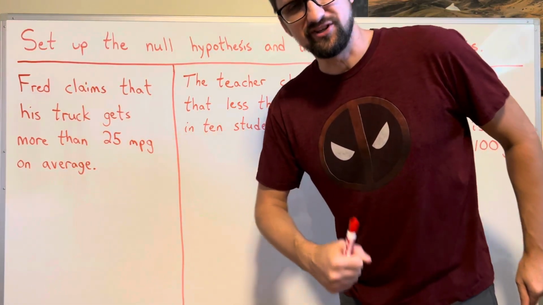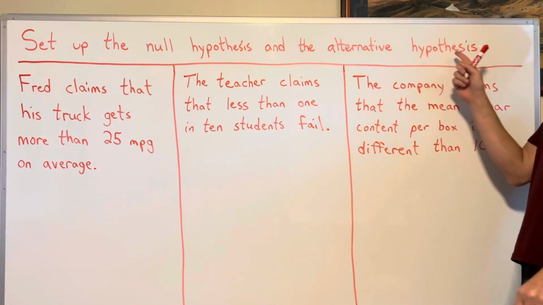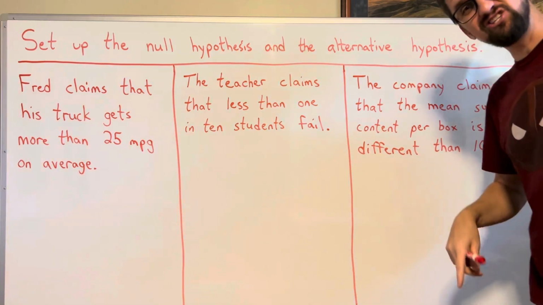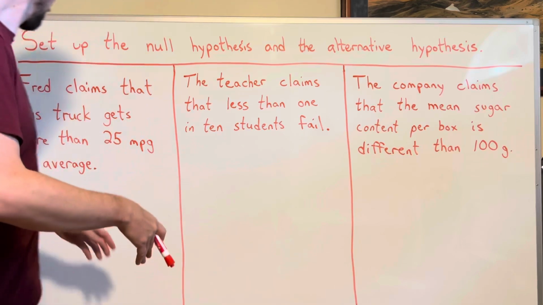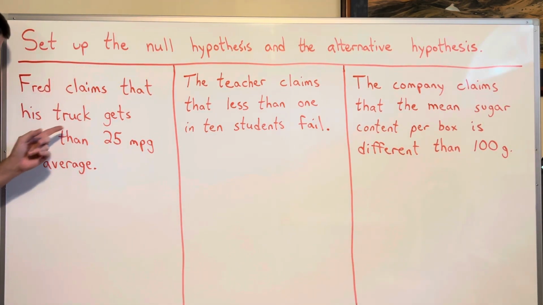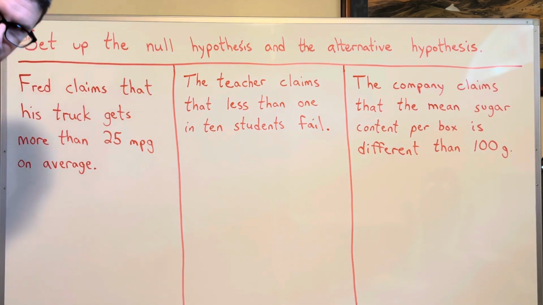Let's set up the null hypothesis and the alternative hypothesis for these three situations. We'll start with the first one. We got Fred. He claims that his truck gets more than 25 miles per gallon on average.